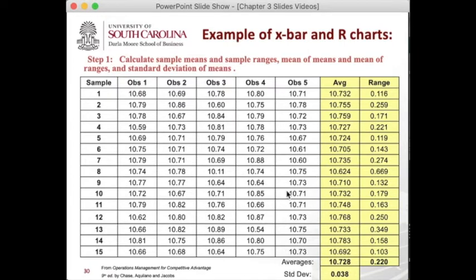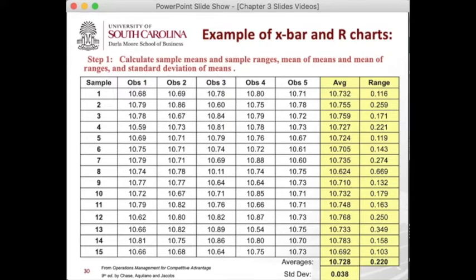Okay, so for each sample, see here, we're going to calculate the average of the sample. So it's going to be the sample mean, just add them, divide by 5. And also the range, okay? So the range is going to be the highest value in the sample minus the lowest value in the sample, okay?